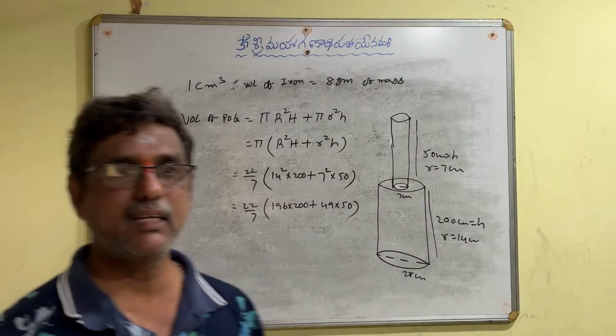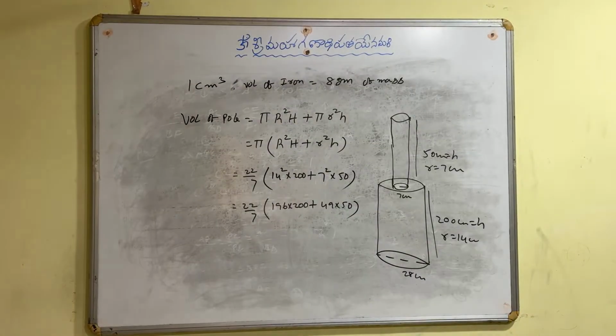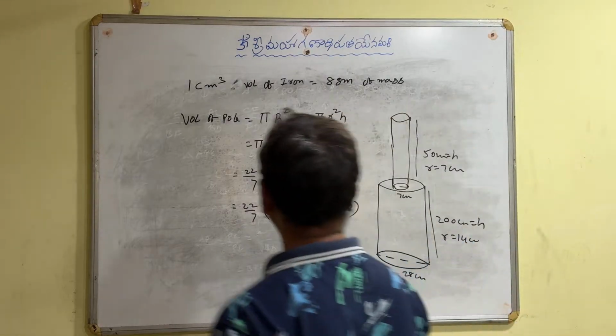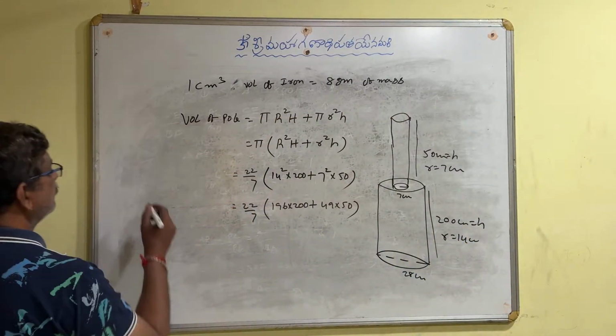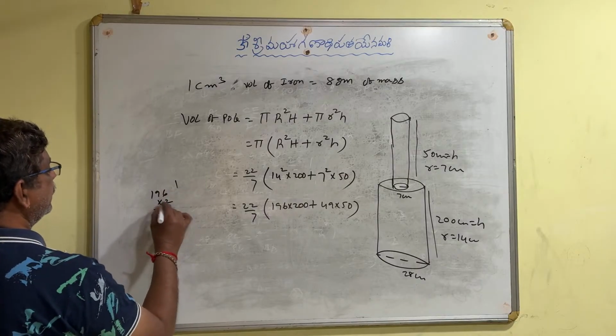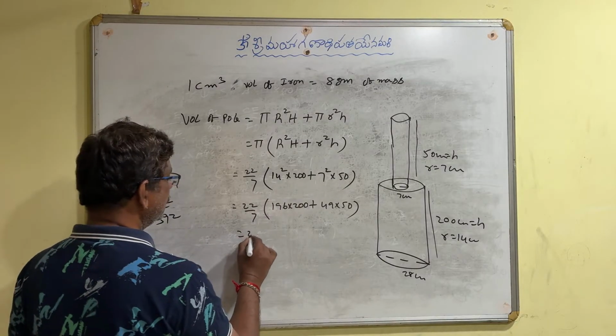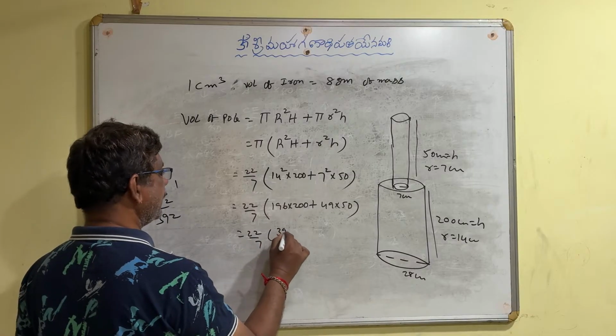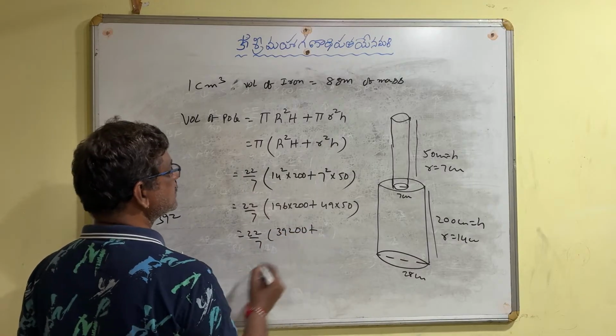Simplify and tell me, children, what is the volume? 196 into 200 is 39200.